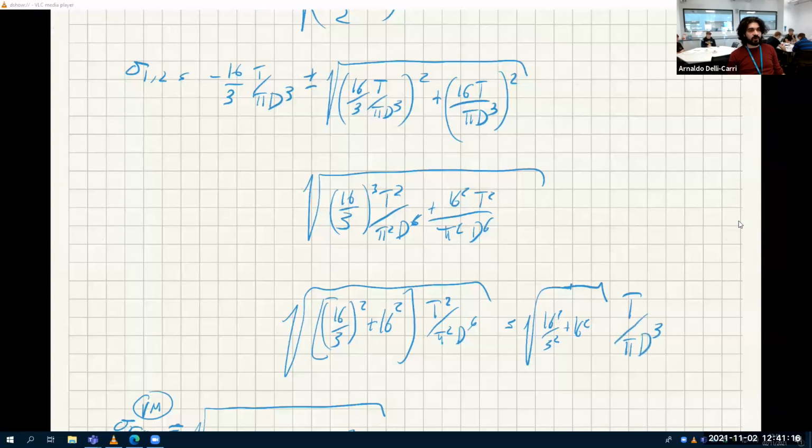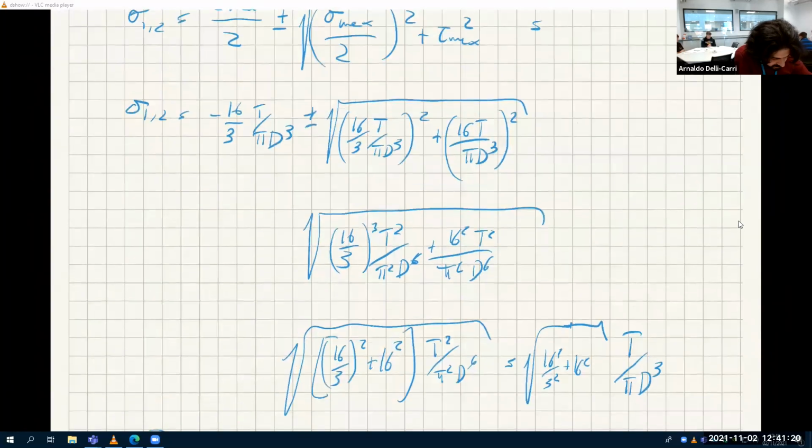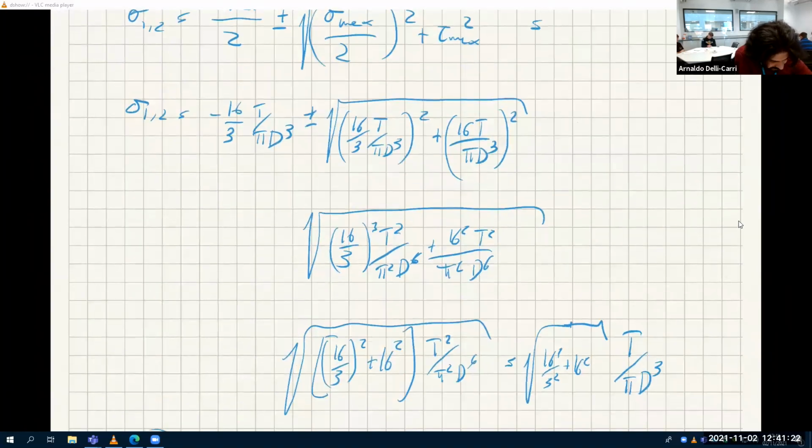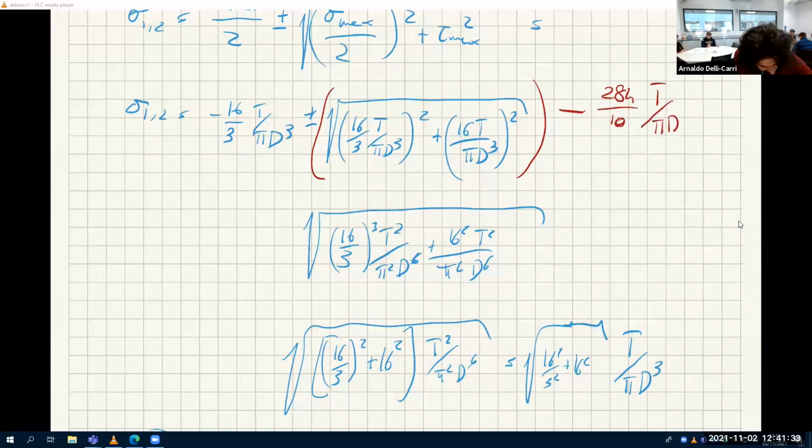28.4. So let's say 284 divided by 10. So in the end, this thing becomes 284 divided by 10 t pi d cubed. Agreed? And we want to add minus 16.3.